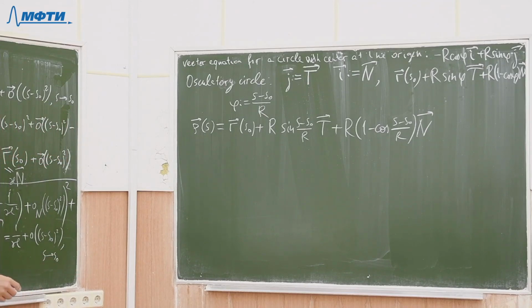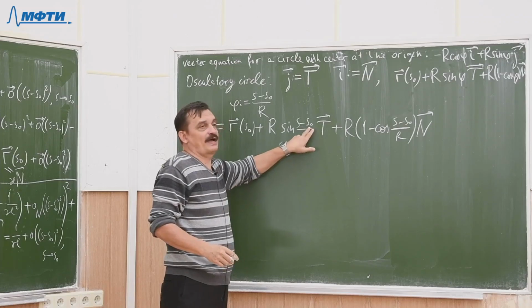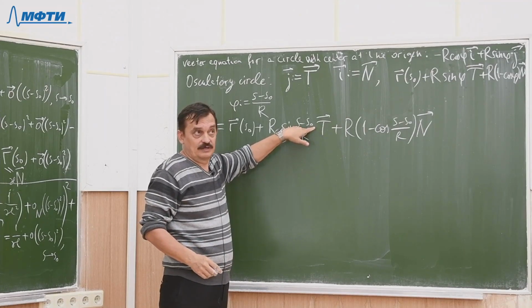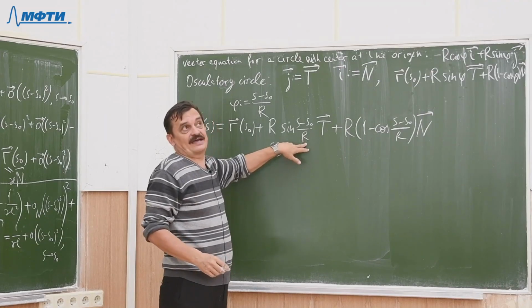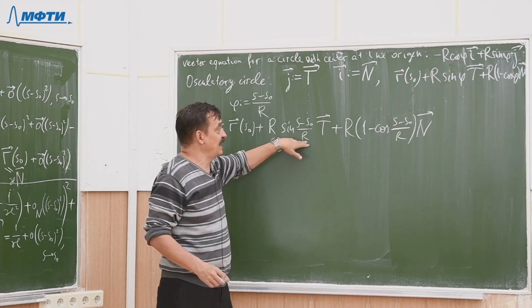But now remember, we are interested in an expansion in powers of S minus S naught. So remember the Taylor or Maclaurin formulas for sine and cosine.